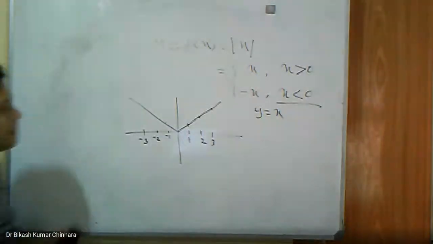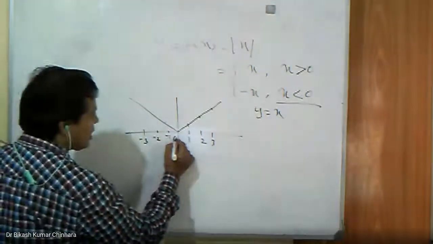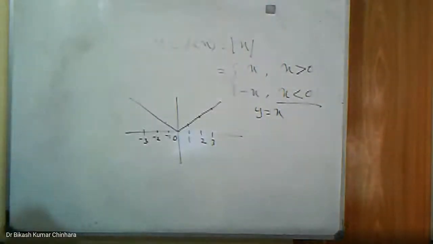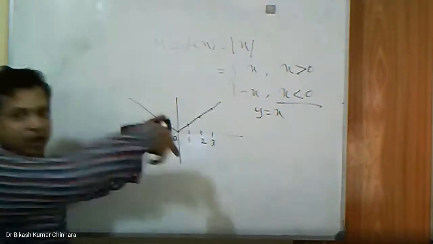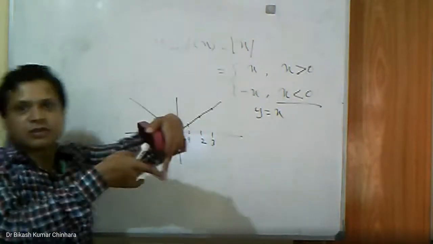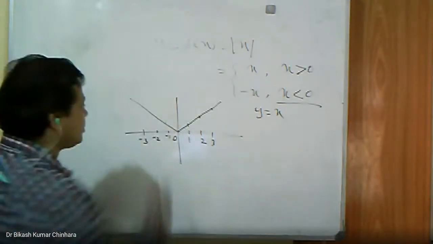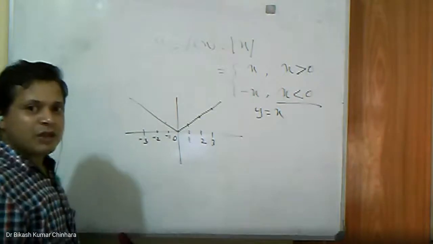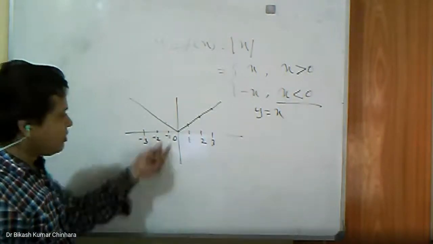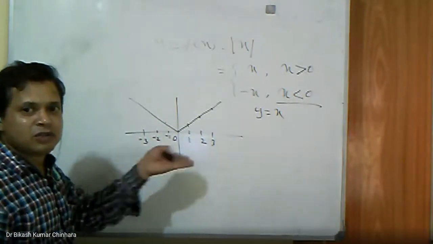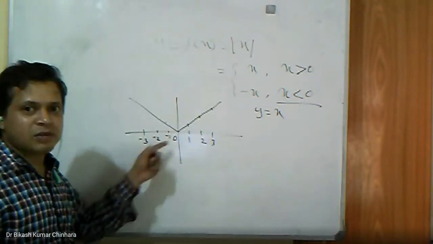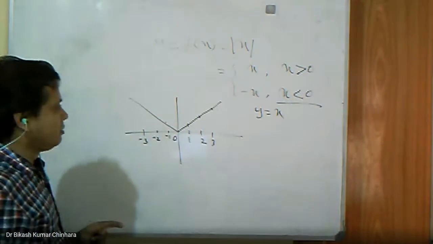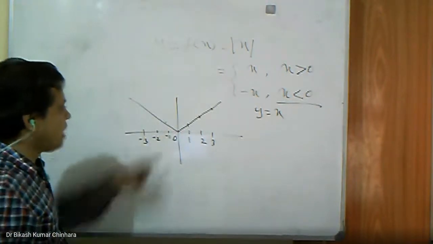And at 0, you can see that there is a pointed edge. So from the geometry it is clear that pointed means there is no smoothness at that point. So the function is not going to be differentiable at 0.